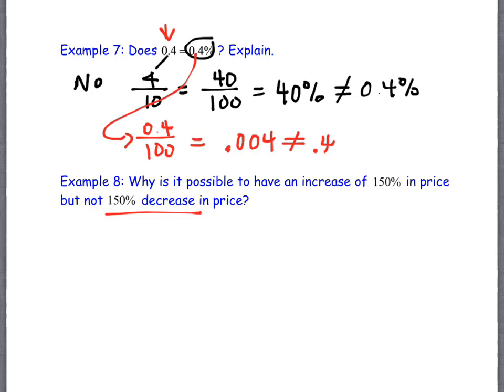Now, occasionally that happens when I coupon shop, but not usually. All right, so no, we don't have decreases in price like that, because that would actually give you a negative value.